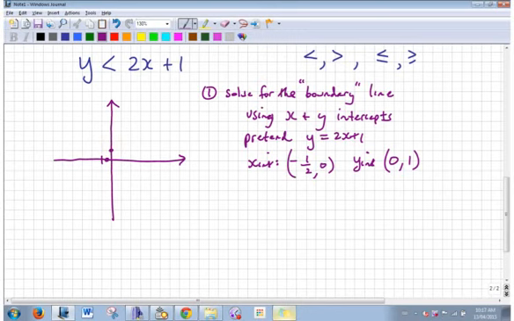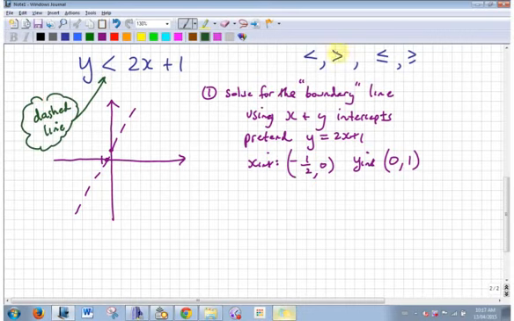It's tough to do that line because those points are so close together, but the point here is you don't make it solid. It's a dashed line because it's less than or greater than.